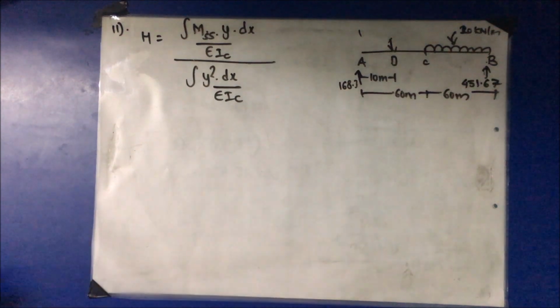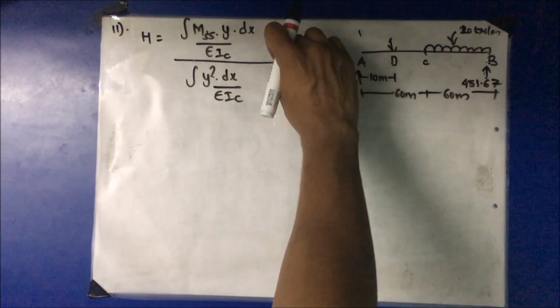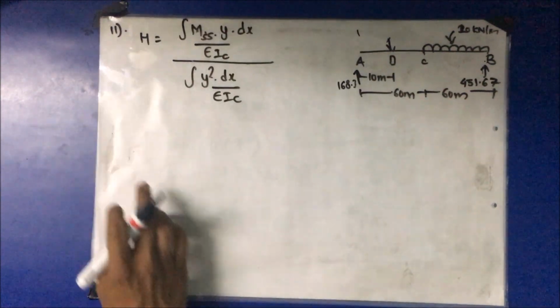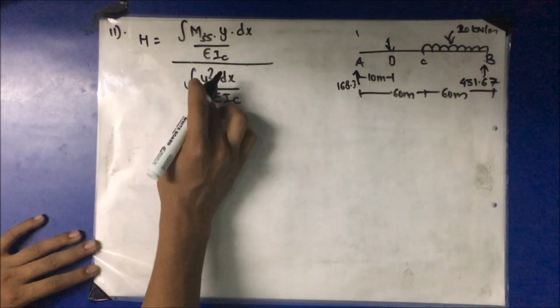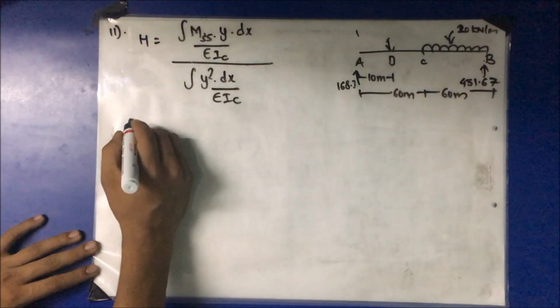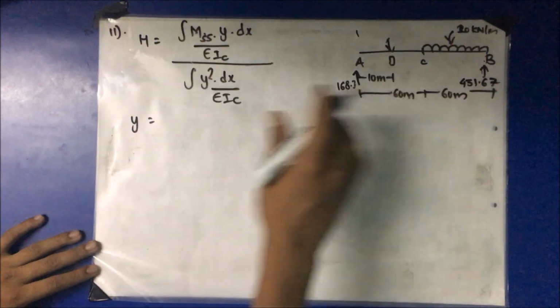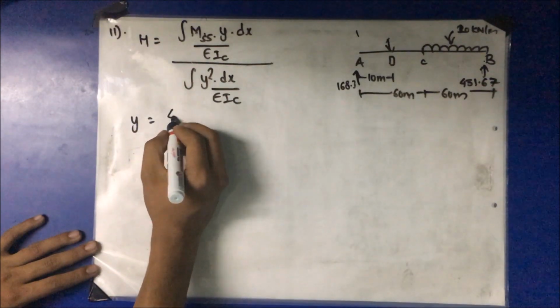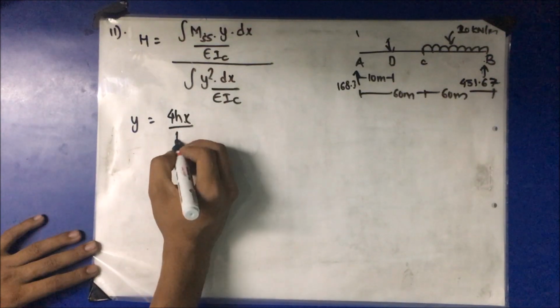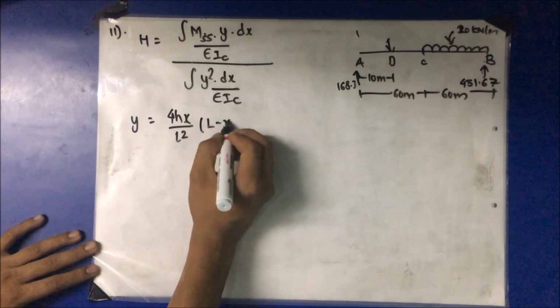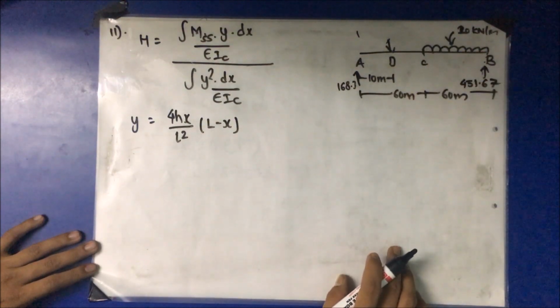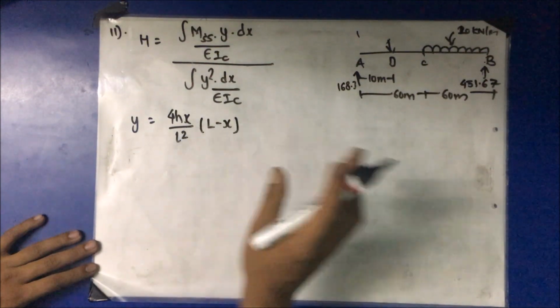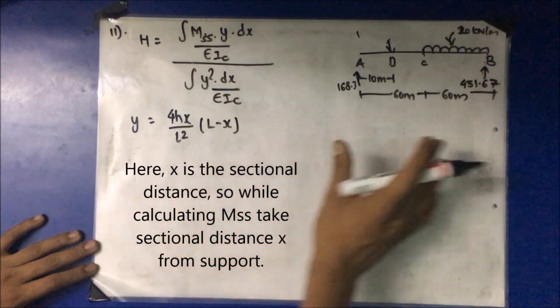We'll start with the denominator term. In this we have y unknown. As it is a parabolic arch, y is equal to 4hx by l square times l minus x, h being the height at the crown, x being the section distance, and l being the span.